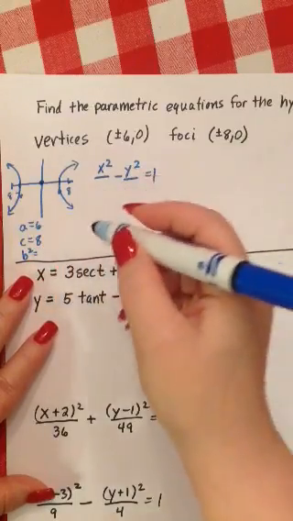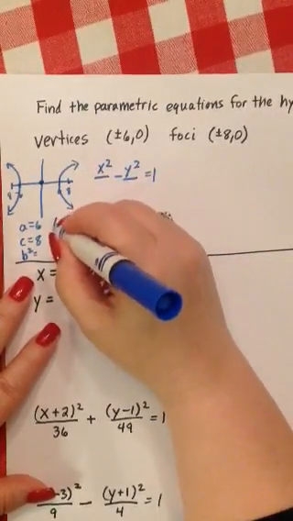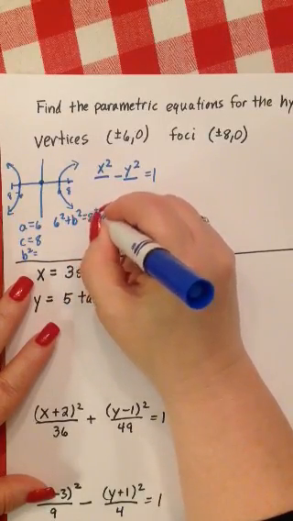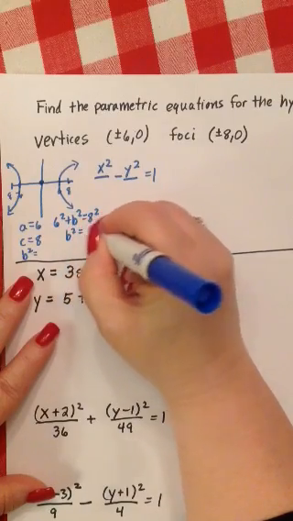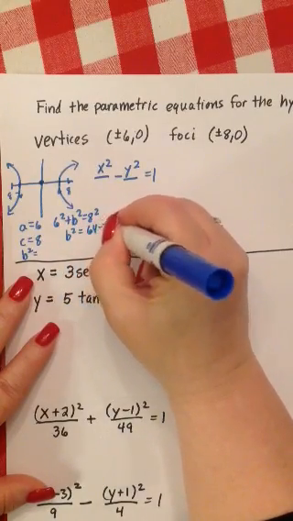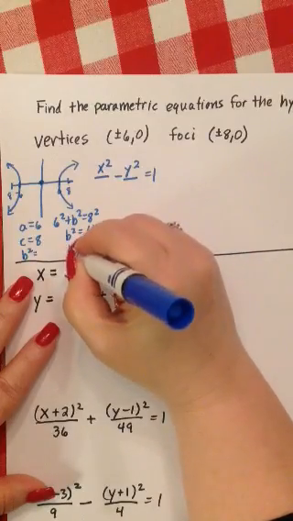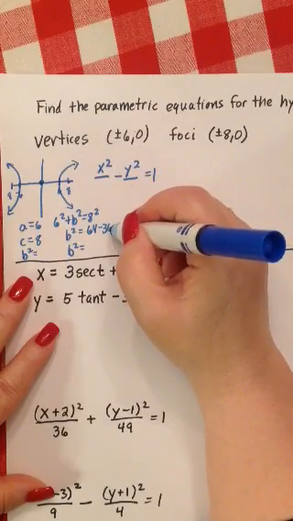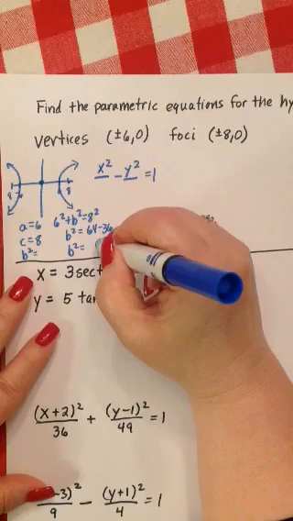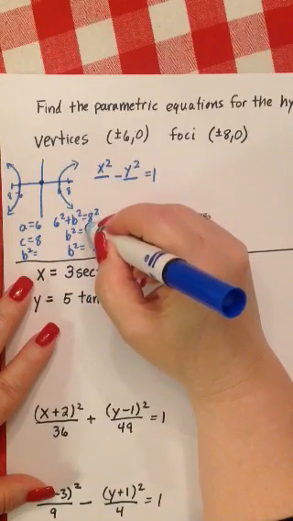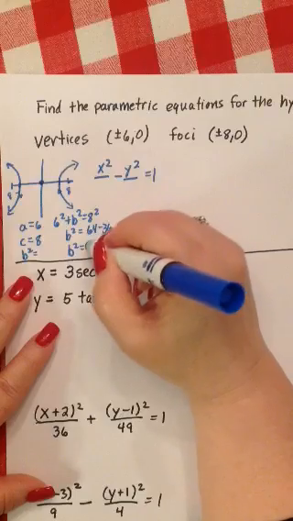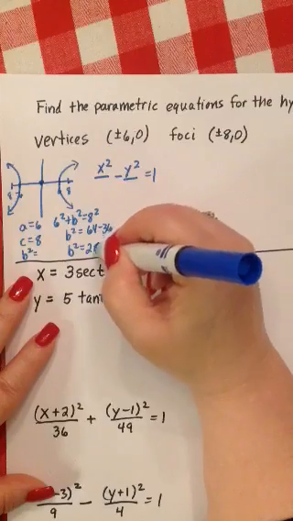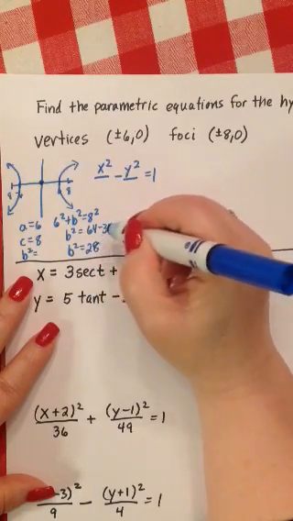But it does have a Pythagorean relationship, so you could say 6 squared plus b squared is equal to 8 squared, or b squared is going to be equal to 64 minus 36. So b squared is 28.